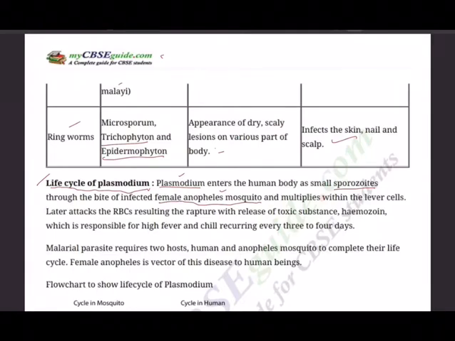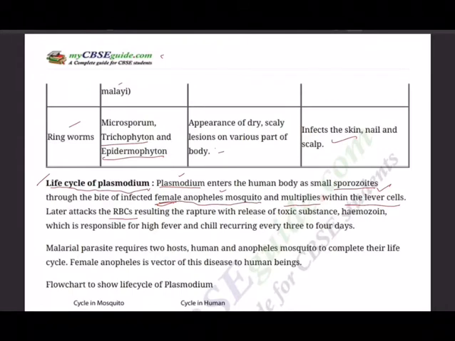The female Anopheles mosquito carries this Plasmodium, which multiplies within the liver cells. Now this is target number 1. Later it attacks the RBC. So there are two areas in the human being that are attacked by the Plasmodium: one is the liver, second is the RBC, red blood cells.